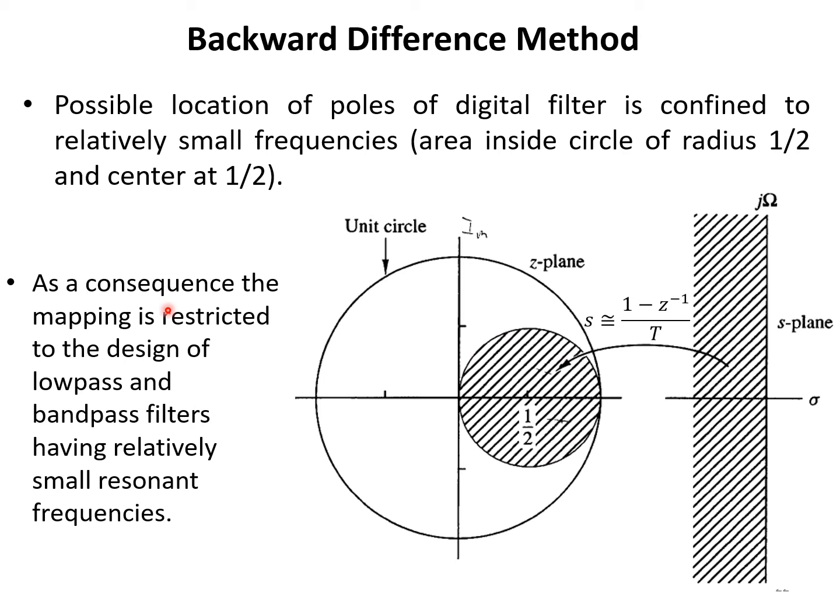So as a consequence, this technique is suitable for low pass filters and some of the band pass filters, and of course not suitable for high pass filters. So band pass filters also, only those band pass filters which have relatively small resonant frequencies.